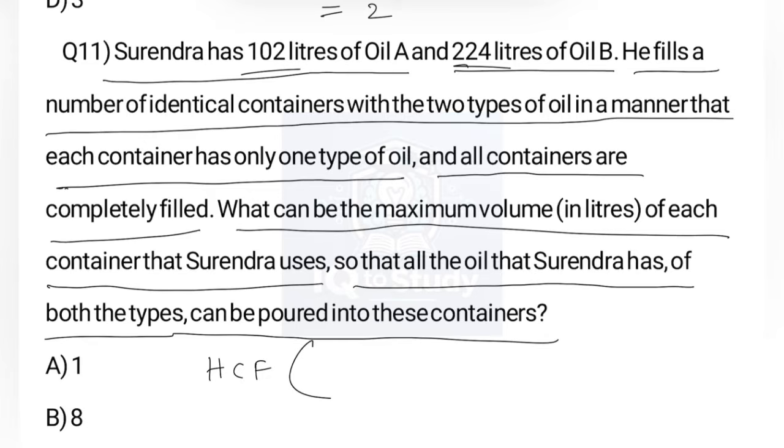HCF of two volumes 102 and 224. This is equal to 2.